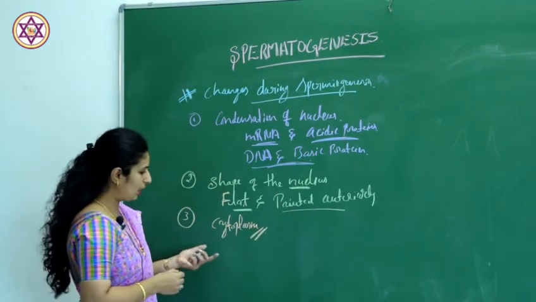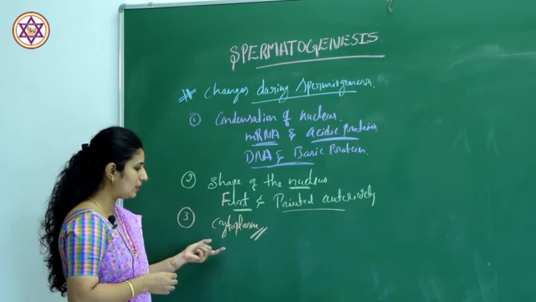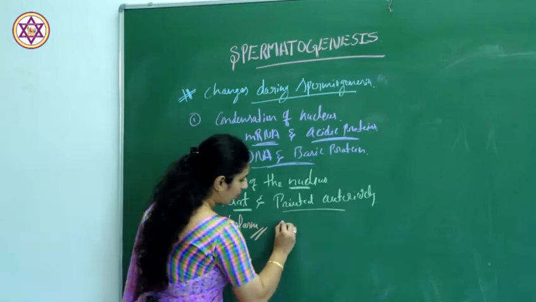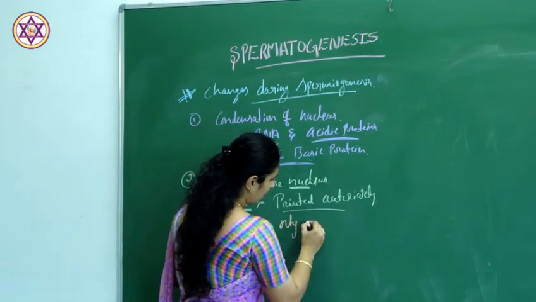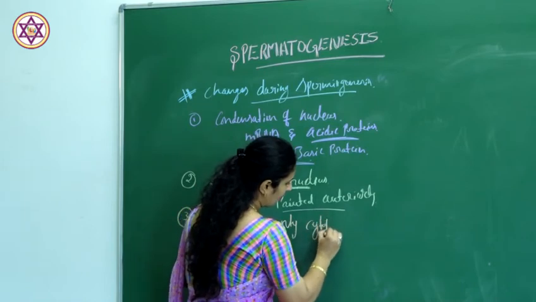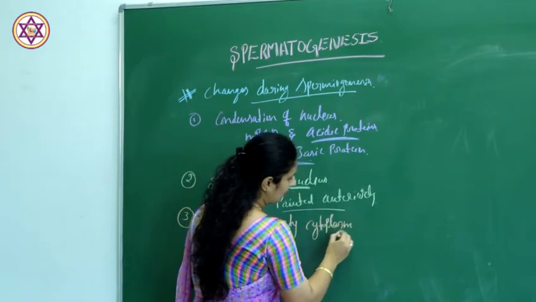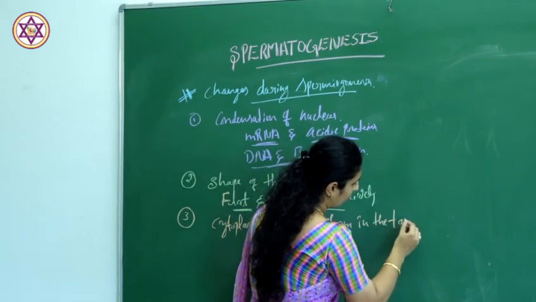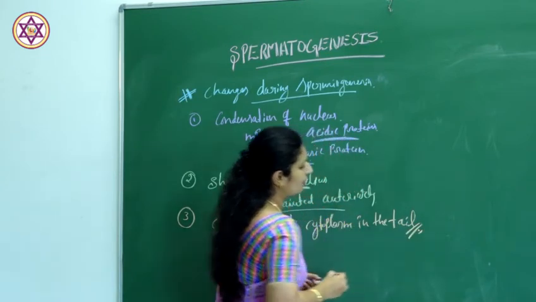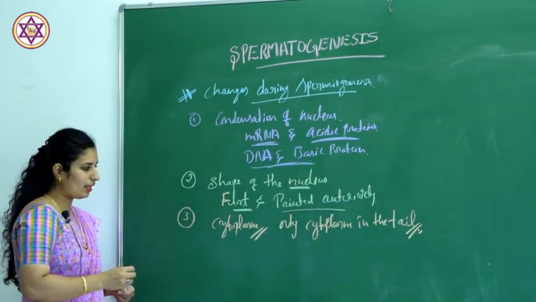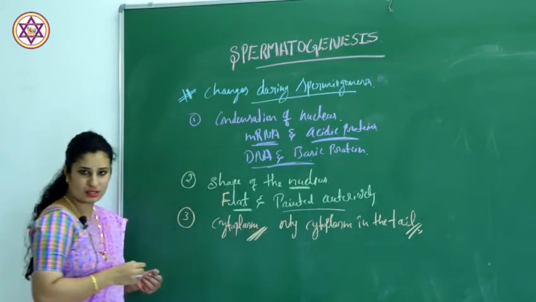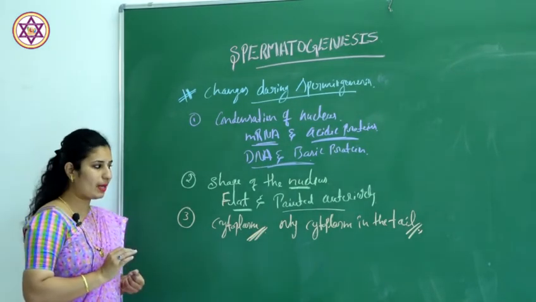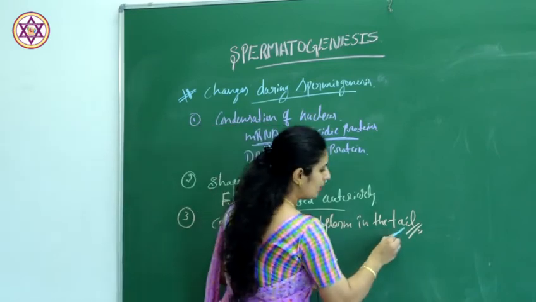In the human sperm there is practically no cytoplasm, only a thin layer of cytoplasm is present in the tail of the sperm.